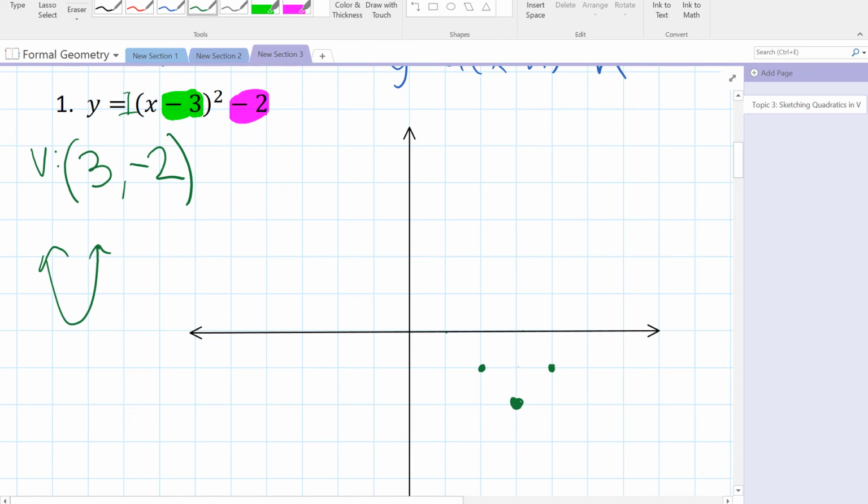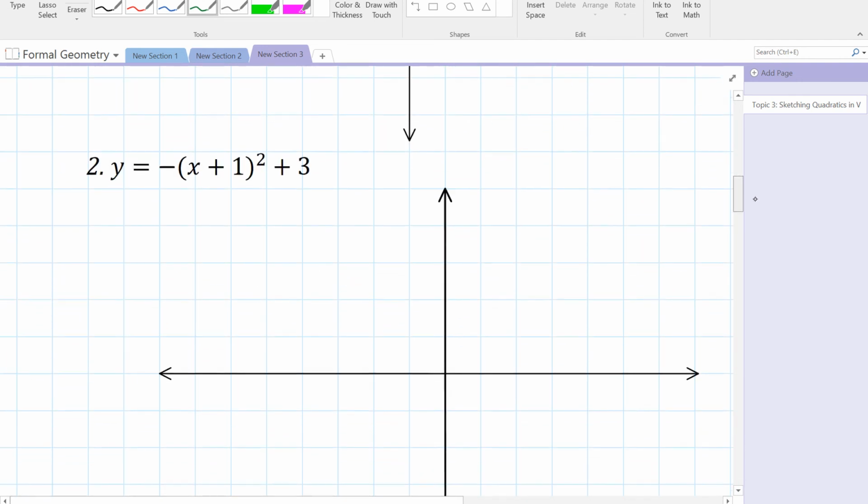And then I'm going to try and make a nice parabola that fits through these 3 points, so I'm going to sketch it. This doesn't have to be perfect, as long as we have those 3 points and that nice curve going through them, that should be sufficient.